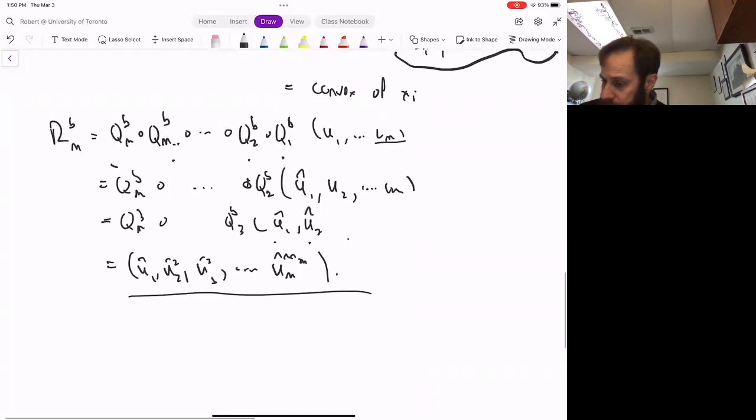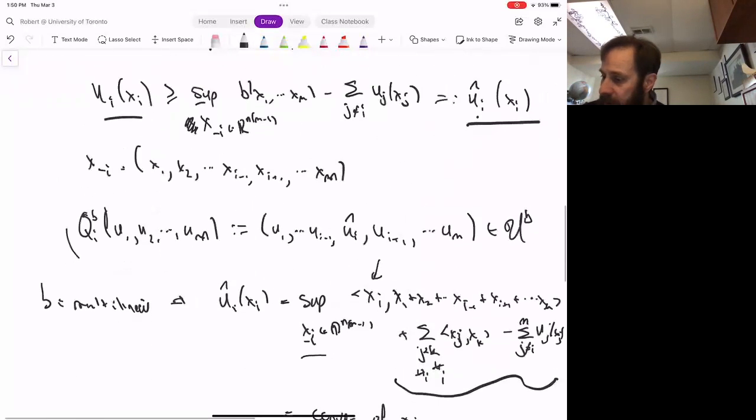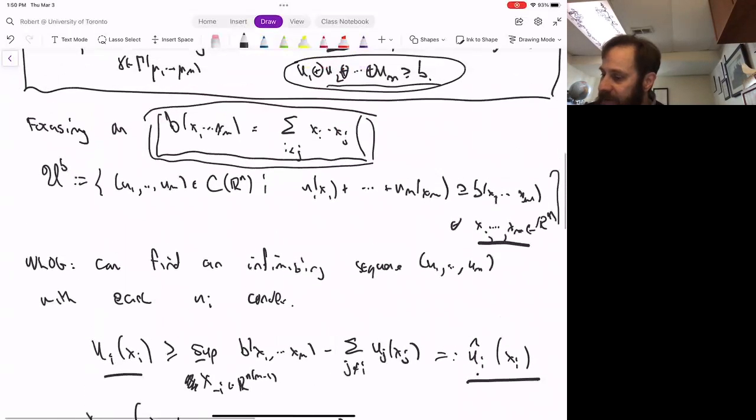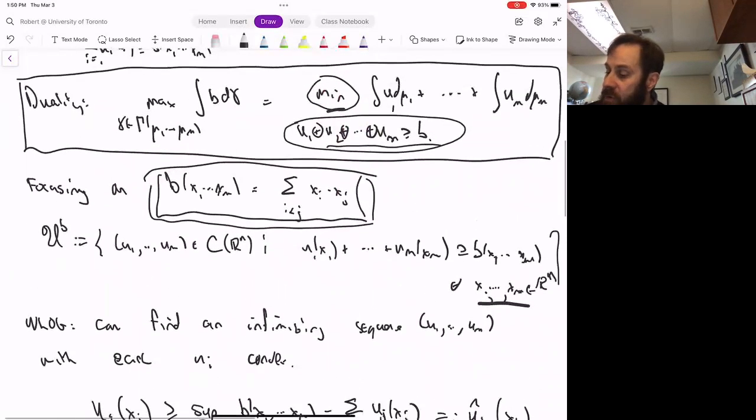Okay. So when I look at this minimization, at least for this choice of benefit function, it's enough to look at convex minimizers, convex functions. And the set of convex functions has nice compactness properties, and so it's not that hard to show the infimum is attained. So that's why I wrote min here.